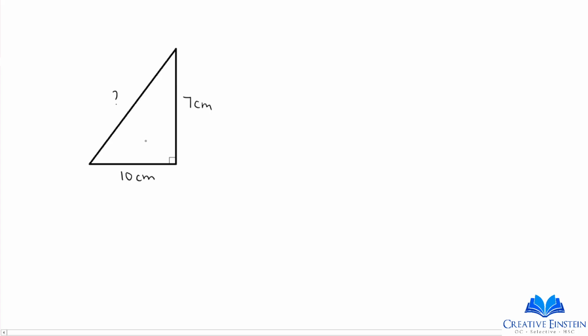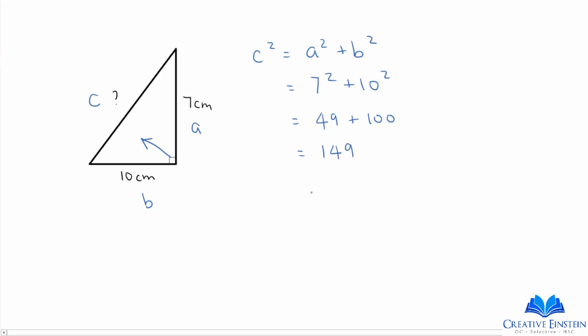So again, opposite the right angle triangle is C, and then I can choose A and B. C squared equals A squared plus B squared, which equals 7 squared plus 10 squared, which equals 49 plus 100. 49 plus 100 is 149.